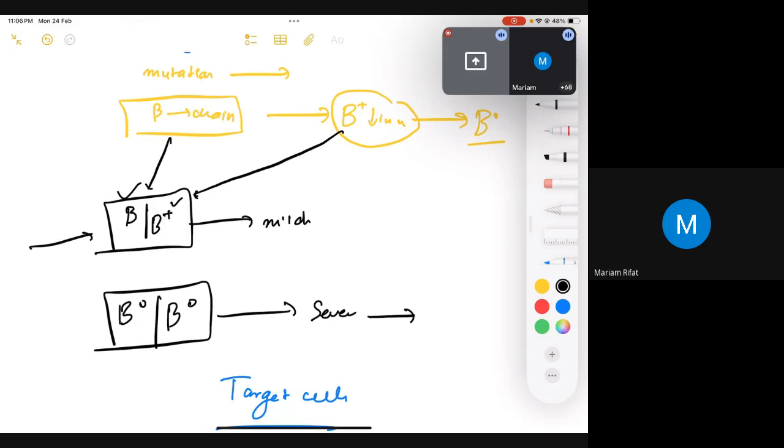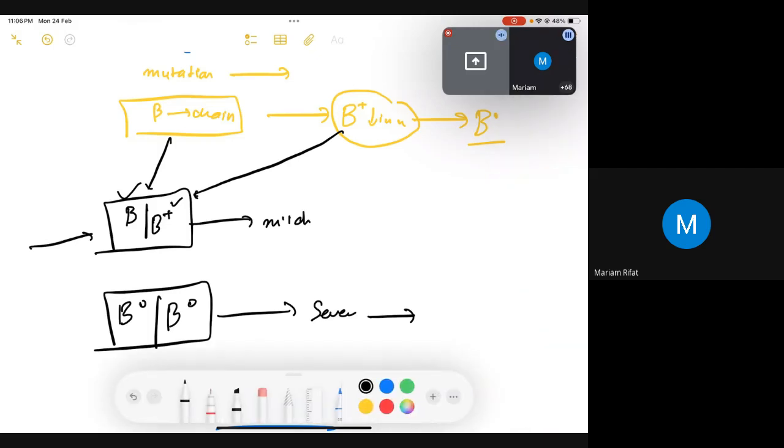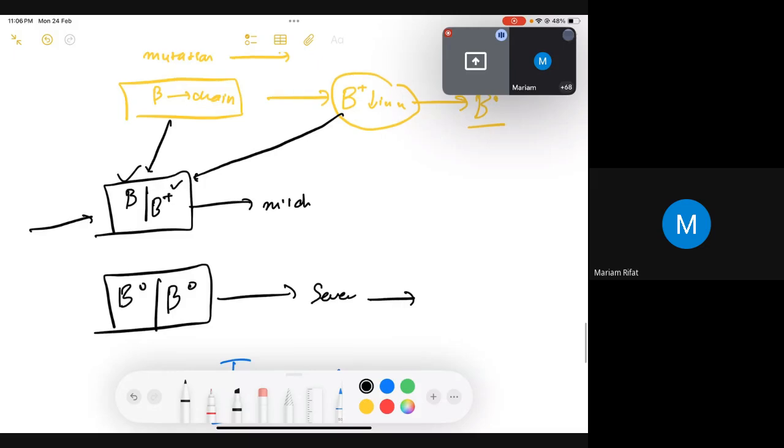And if both beta genes are mutated, it will be the severe beta thalassemia major, and we will have microcytic anemia. And if one is B plus and the other beta is mutated, then it will be mild to moderate, meaning intermediate, and we will not have the severe conditions. Yes, that's perfect.